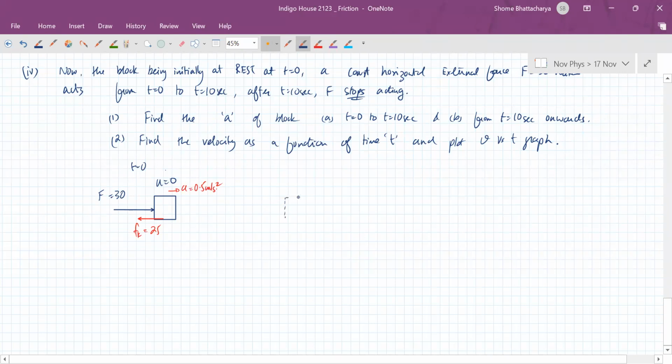And let's say at t equal to 10 seconds, it reaches somewhere here. Now what would its velocity have become? Velocity would be a into t, so it would be 5 meters per second.